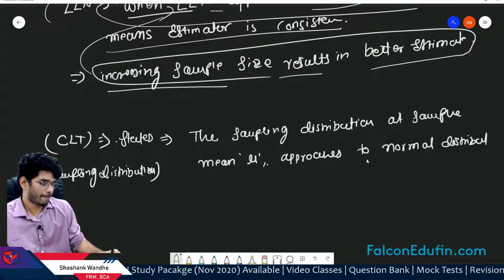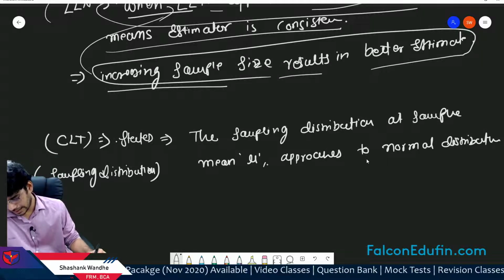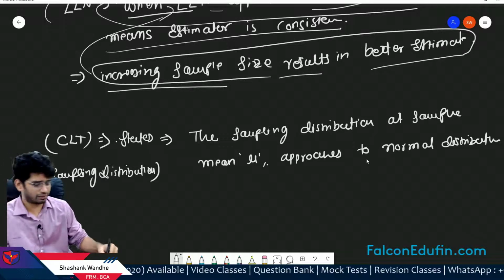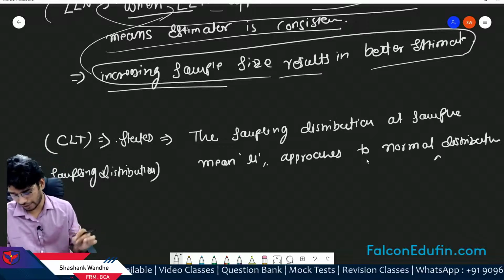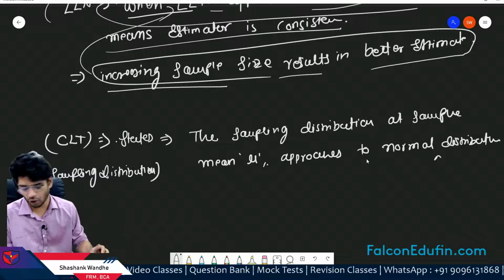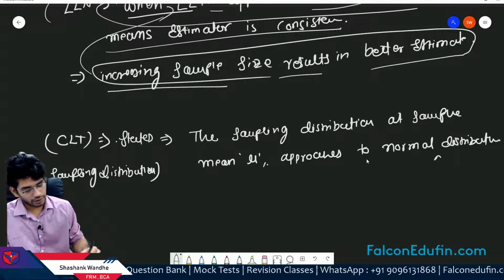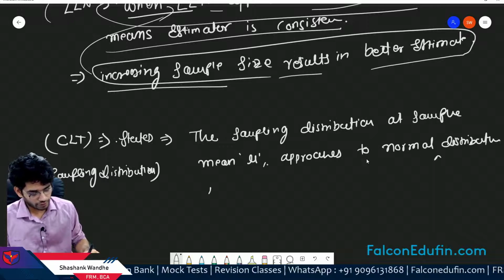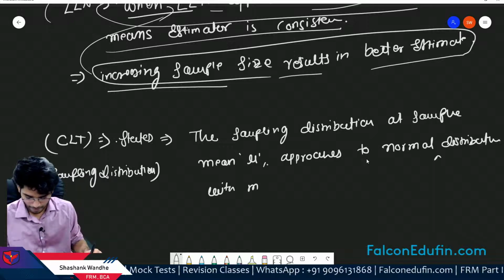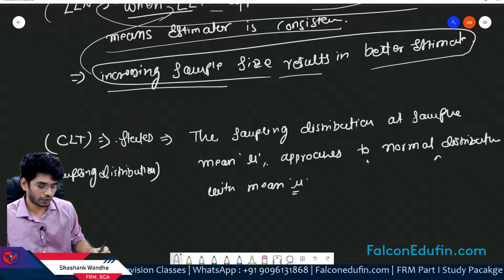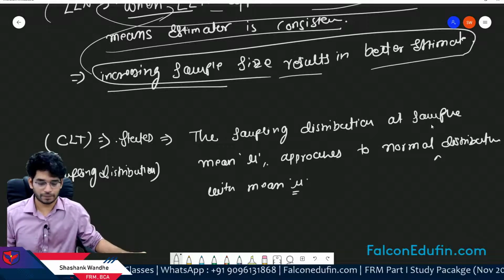In the book, the language is normal probability distribution. I'm just writing normal distribution, because a normal distribution is a normal probability distribution, with mean mu. Okay, now understand this.